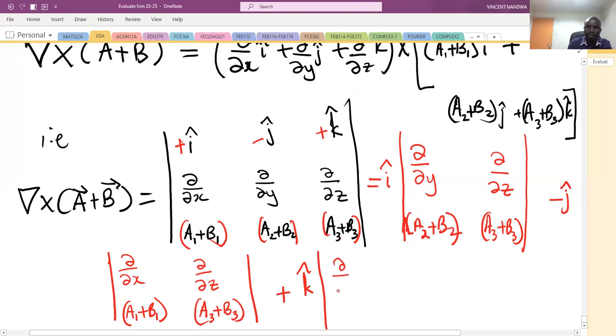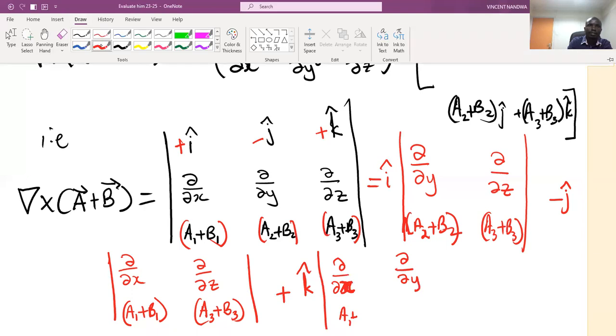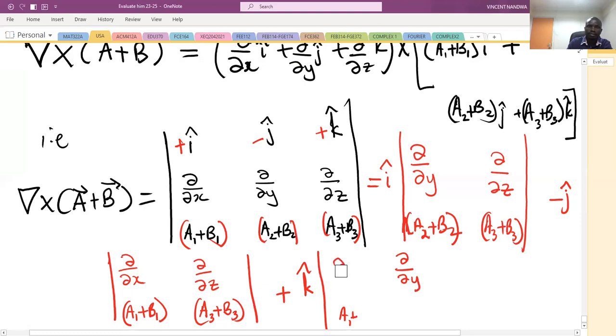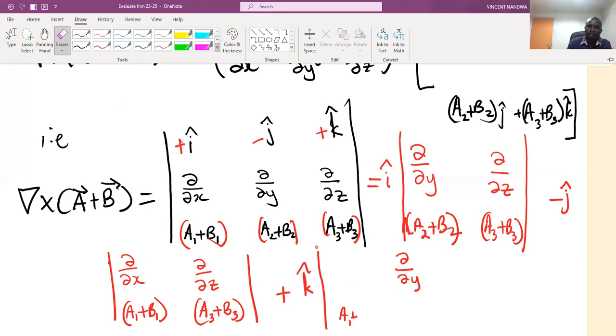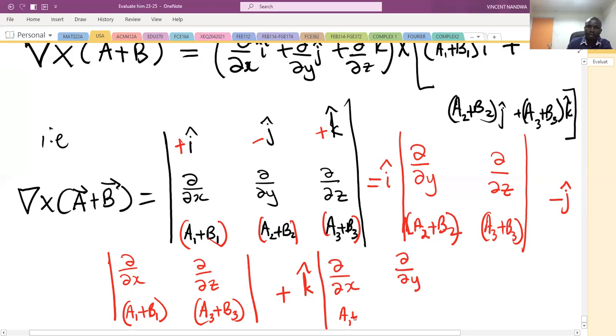So partial x, partial y, A1 plus B1, A2 plus B2, then the sign.